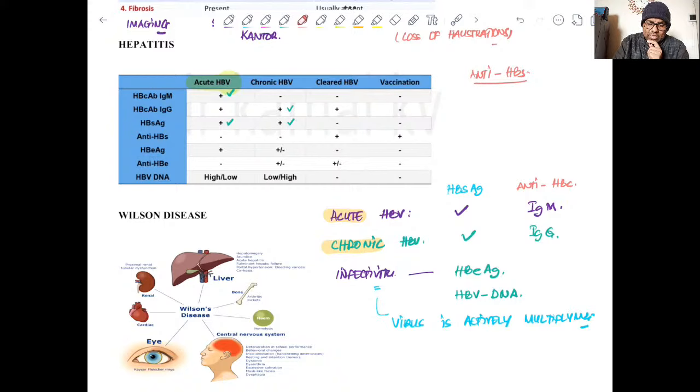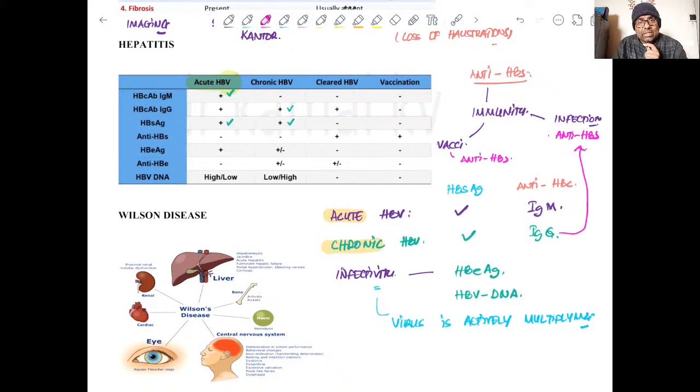And there is anti-HBs, which shows immunity. Now immunity can be because of vaccination, or it can be because of previous infection. So here, if it is because of vaccination, we will see only anti-HBs. But if it is because of infection, we will see anti-HBs and of course IgG anti-HBc.